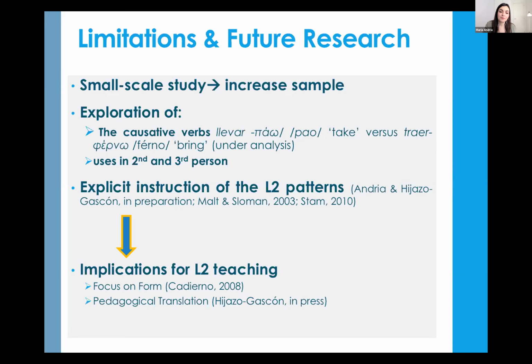So we are currently working on a pedagogical intervention, and we are trying to see whether raising participants' awareness towards these differences can lead to a better acquisition of the motion verbs in these languages. And of course, we think all this can have important implications for L2 teaching, in the sense that we can understand in a better way how we can teach motion in a second language by drawing on different pedagogical approaches such as focus on form or pedagogical translation.